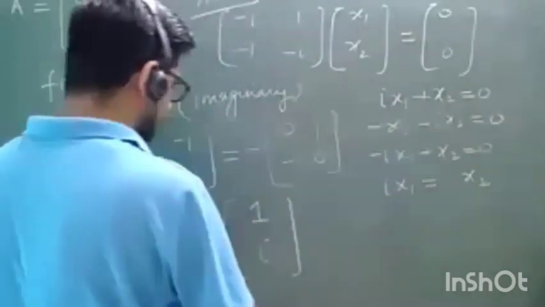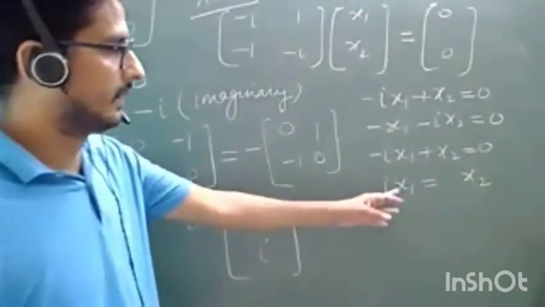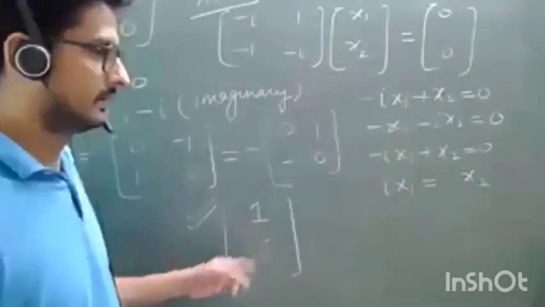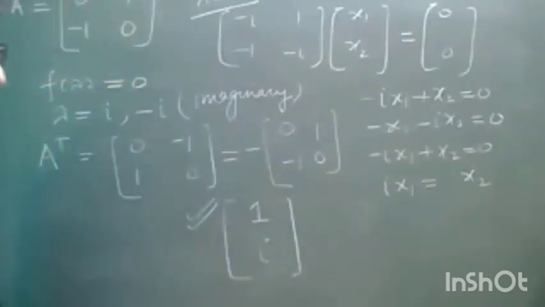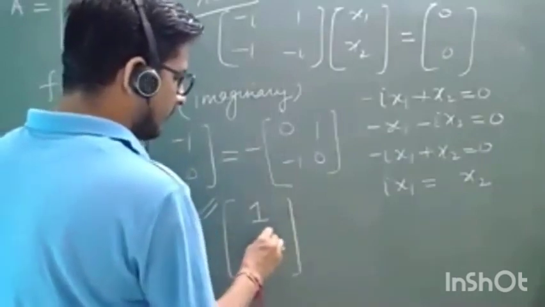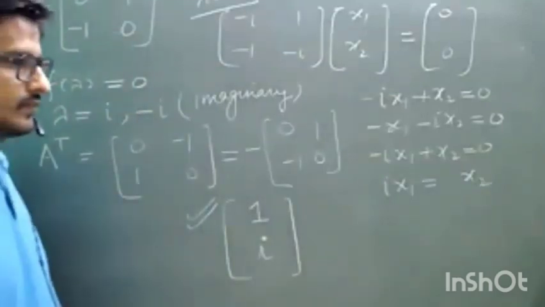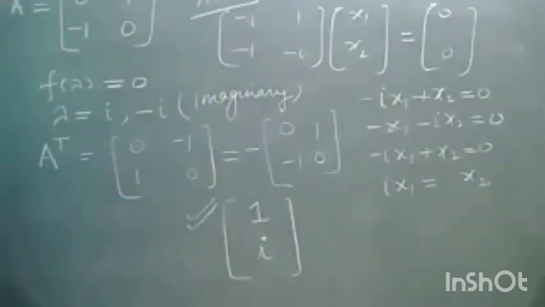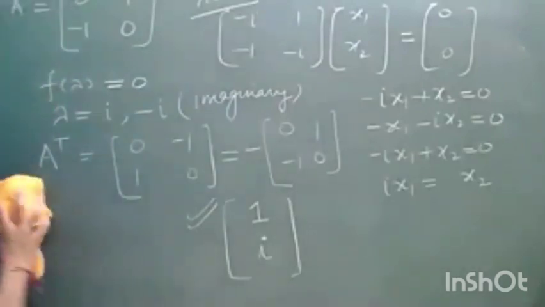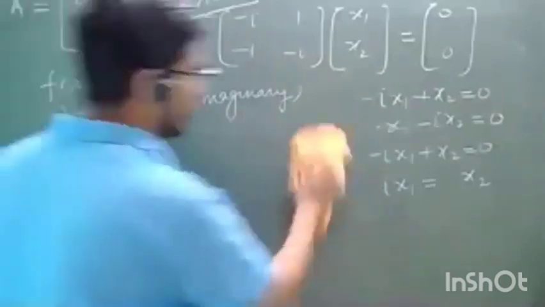That is okay. What is the problem? This is okay, I think. And next is corresponding to the second one. Its normalization will be √2.